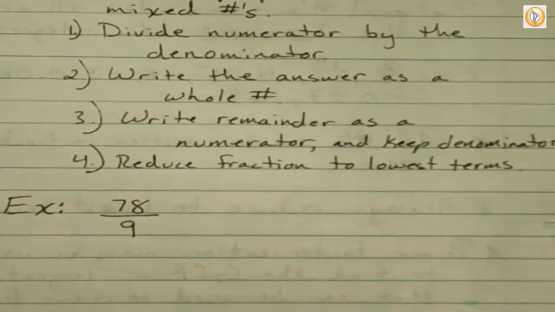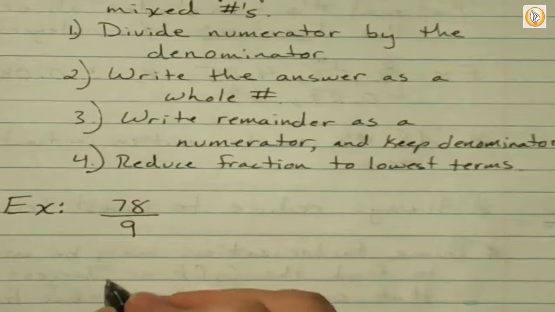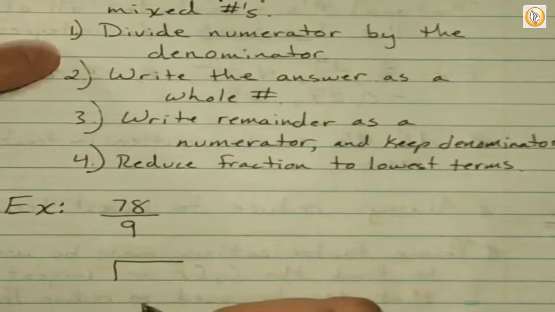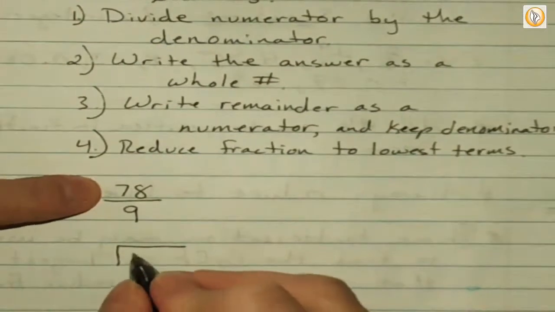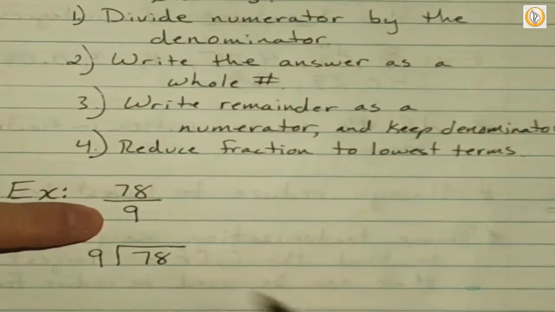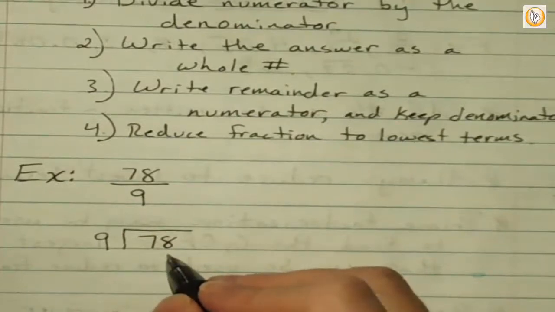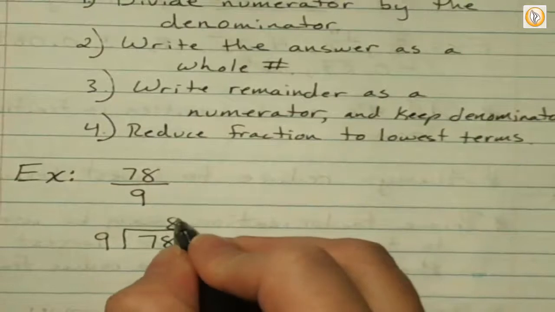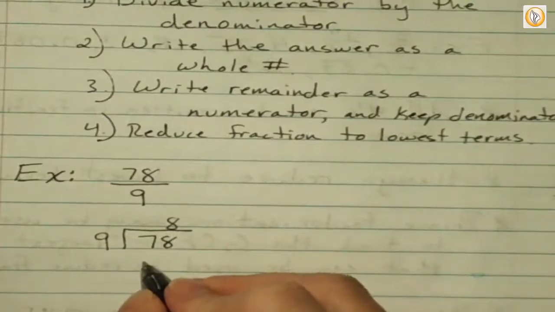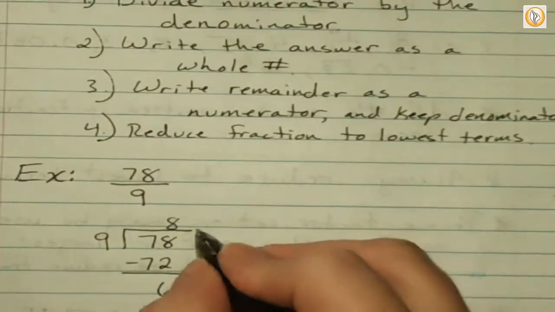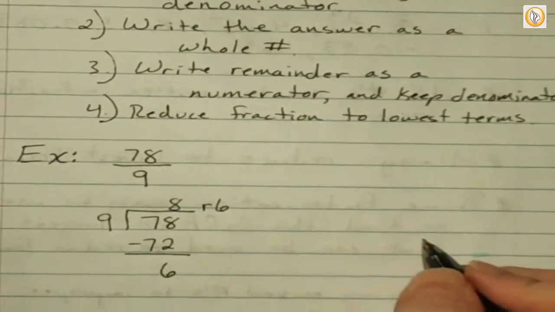So to solve this, all you're going to do is divide the numerator by the denominator. So watch what I do here. I'm going to take the numerator and divide it by the denominator. 9 goes into 78 how many times, Joseph? 8. 8 times 9 is what? 78 minus 72 is? Remainder 6. Now get this part and I'll show you what to do with that.